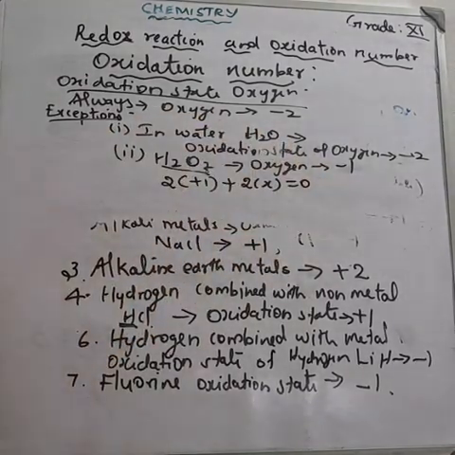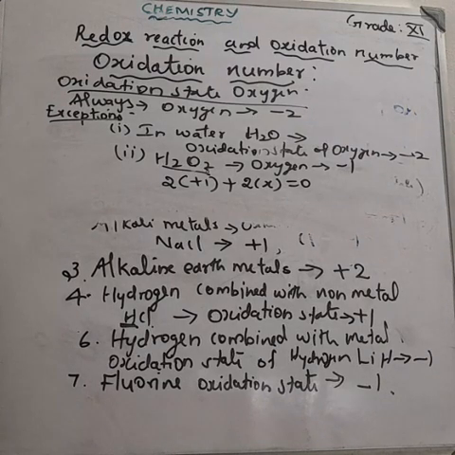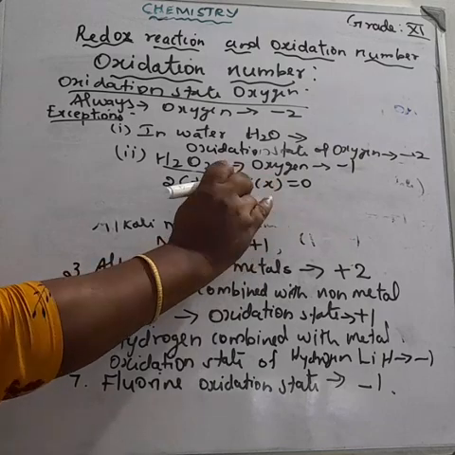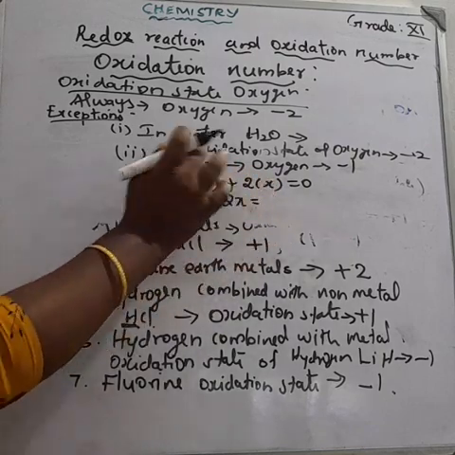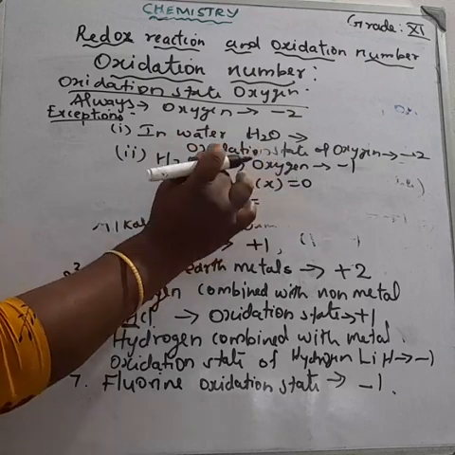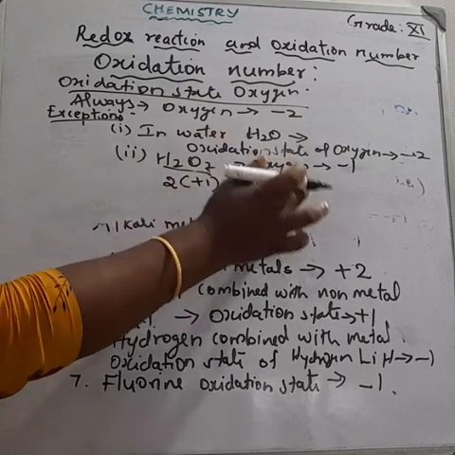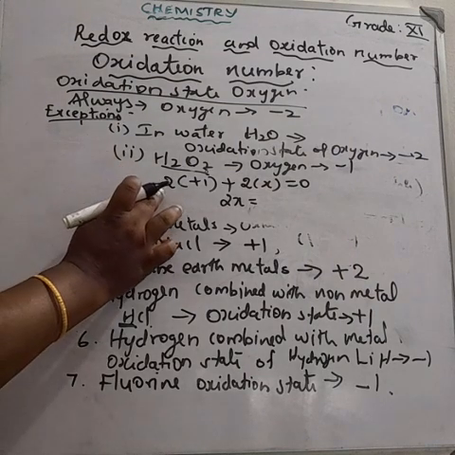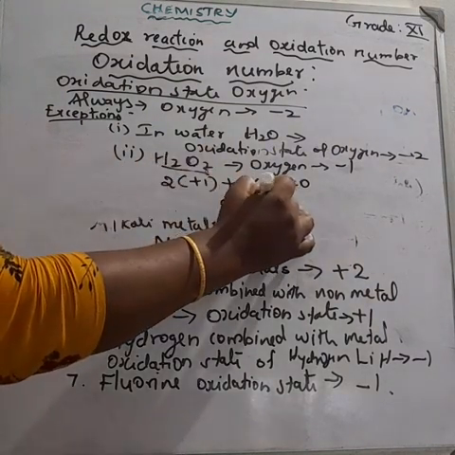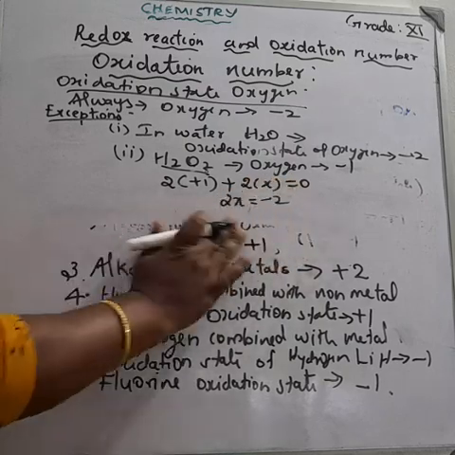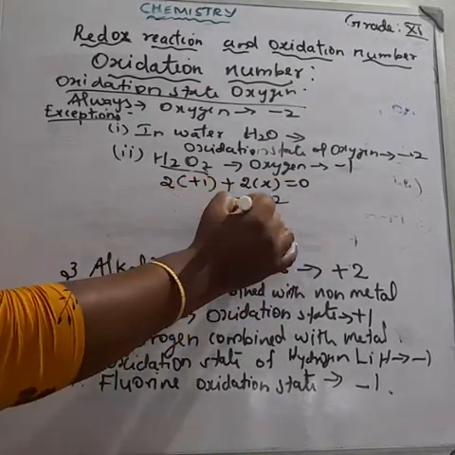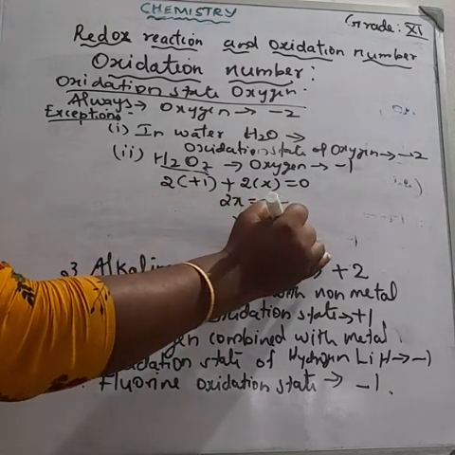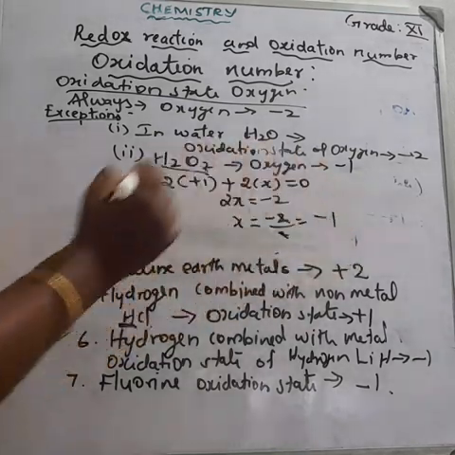So 2x is equal to, moving 2 across the equal sign, +2 changes to -2. So x is equal to -2 by 2, that is -1. Okay, understand?